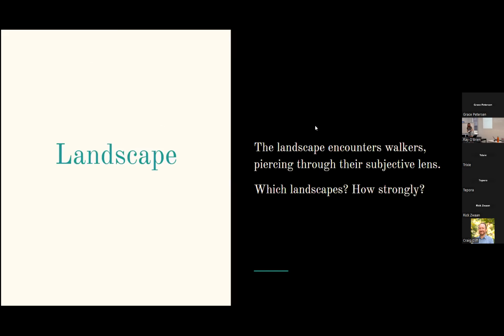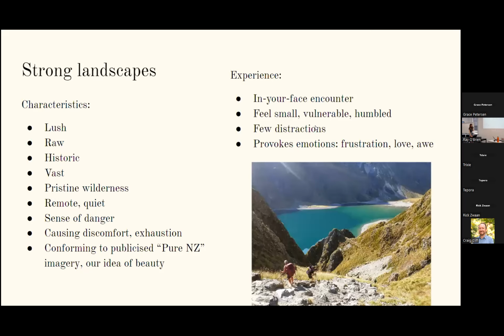So that was the walker, but what about the landscape? The question now is, to what degree does the landscape actually break through that kind of subjective lens that people walk with and interject? So I noticed that some landscapes, again, it's not binary, but some more than others, manage to really provoke encounter.